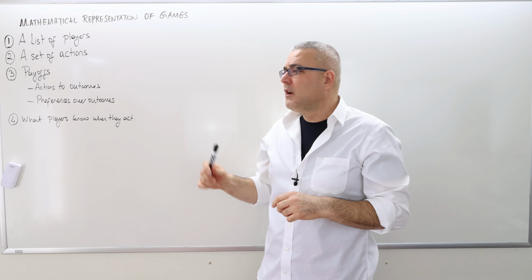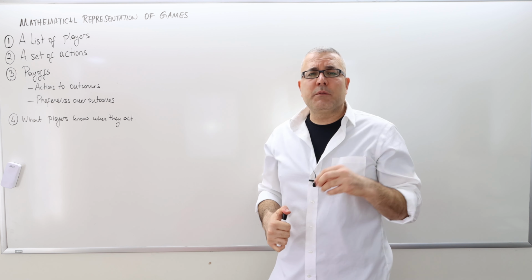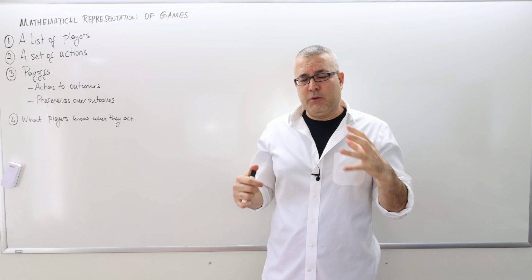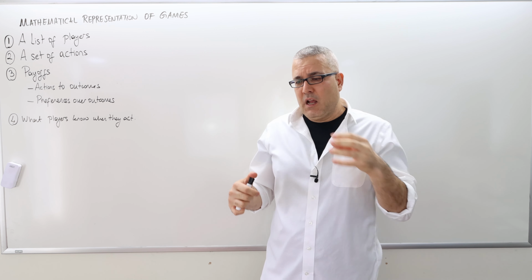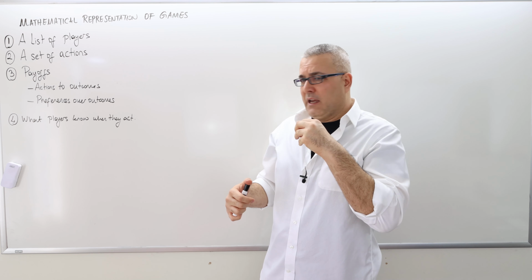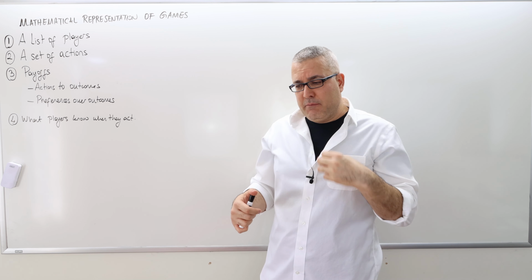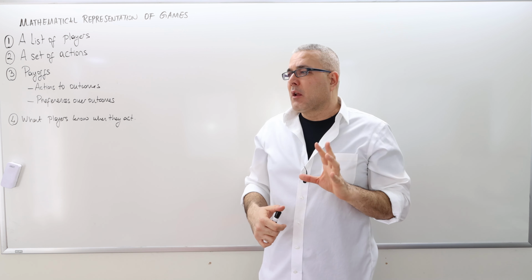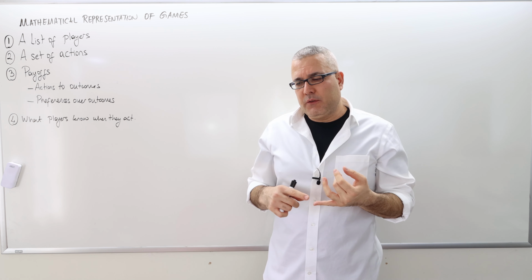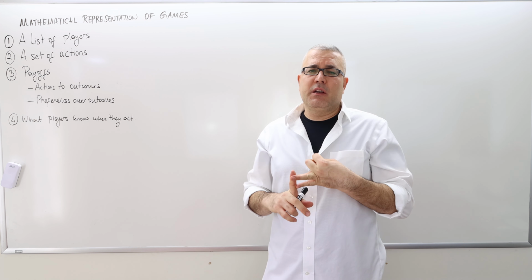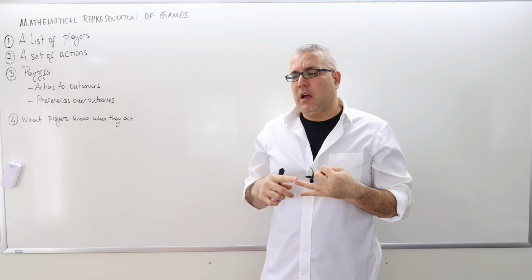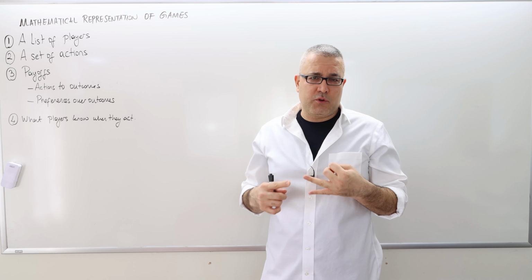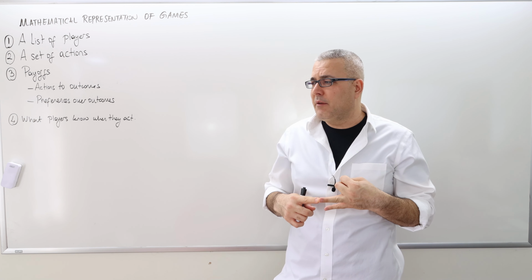And then the fourth ingredient is what the players know about the game and about their opponent's behavior before they act, before they make a choice. All right? In this course we are going to talk about 2 classes of games. The first one is what we call a simultaneous move game, or sometimes a one-shot game.